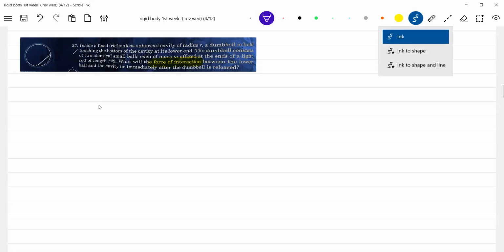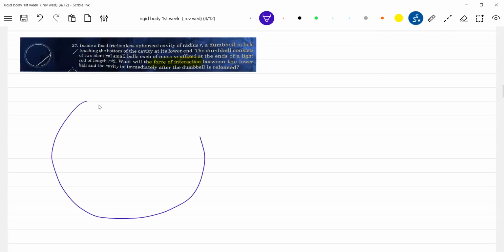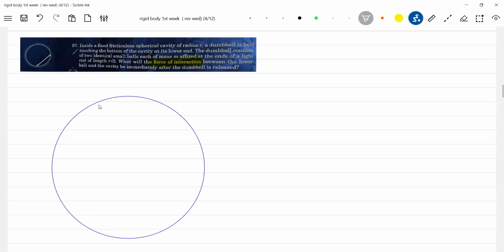Okay, there's a spherical cavity. And we have... Okay, let's get into the calculation part now.